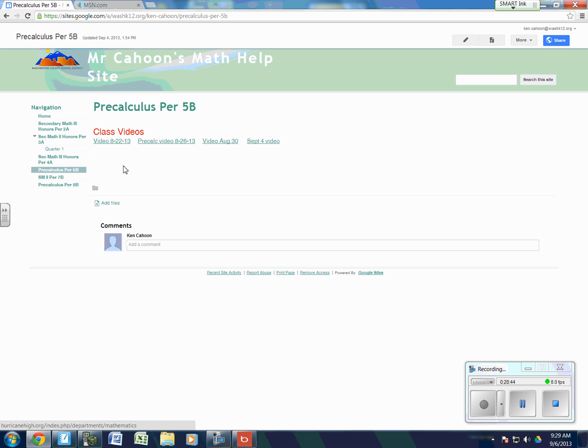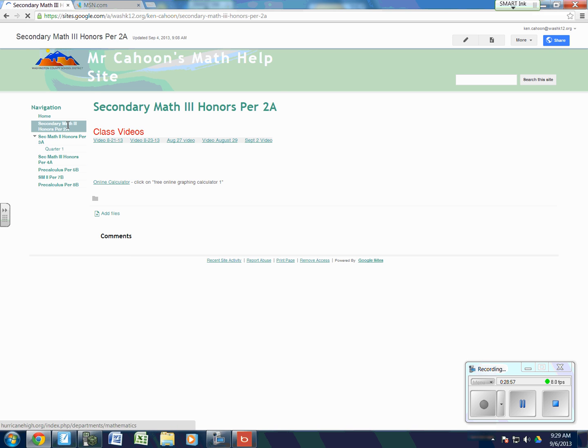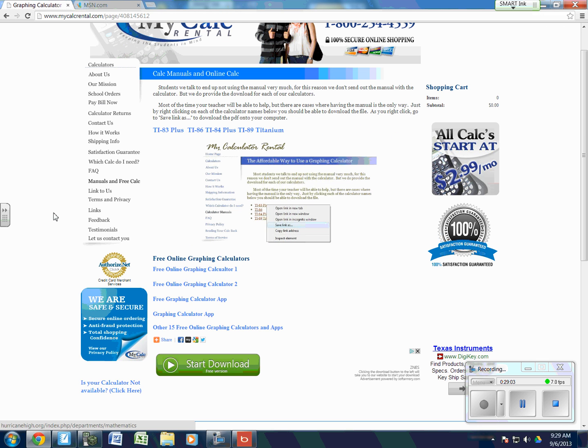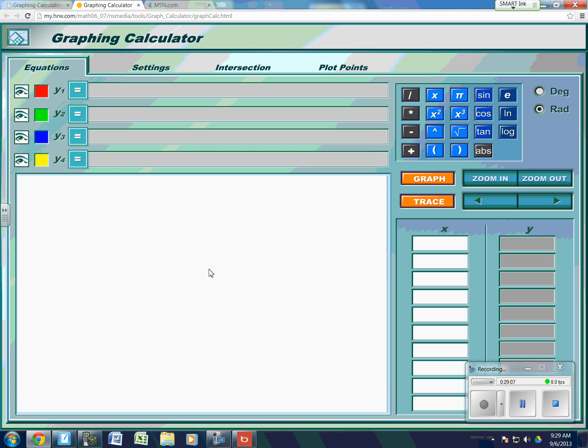Okay, oh, I didn't put the calculator on here yet. I'm going to put the calculator right here, you guys. I'll show you, though. Go to Secondary Math 3. I put it on that one because we needed it the other day. It says Online Calculator. Click on that. And the one that says right here, Free Online Graphing Calculator 1, you click on that. And there's the graphing calculator.